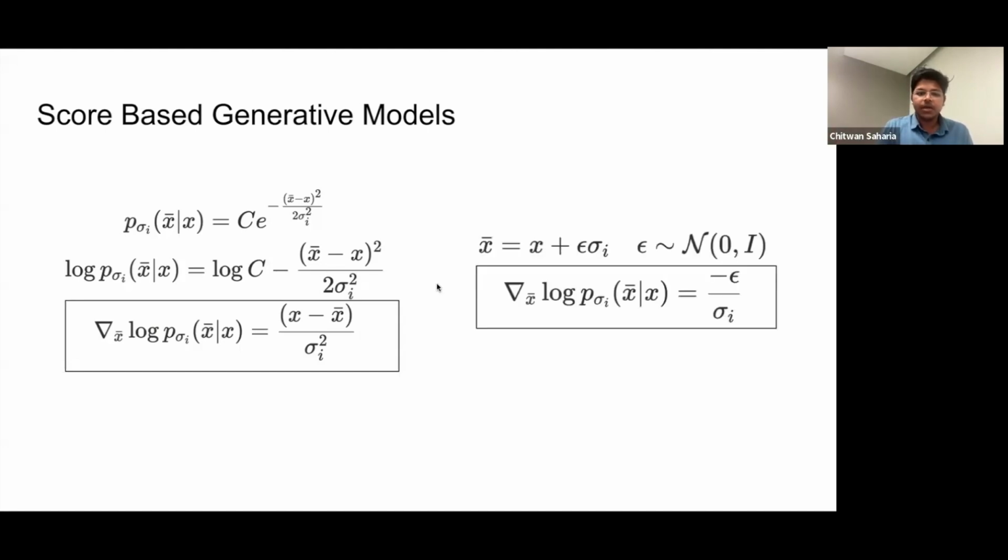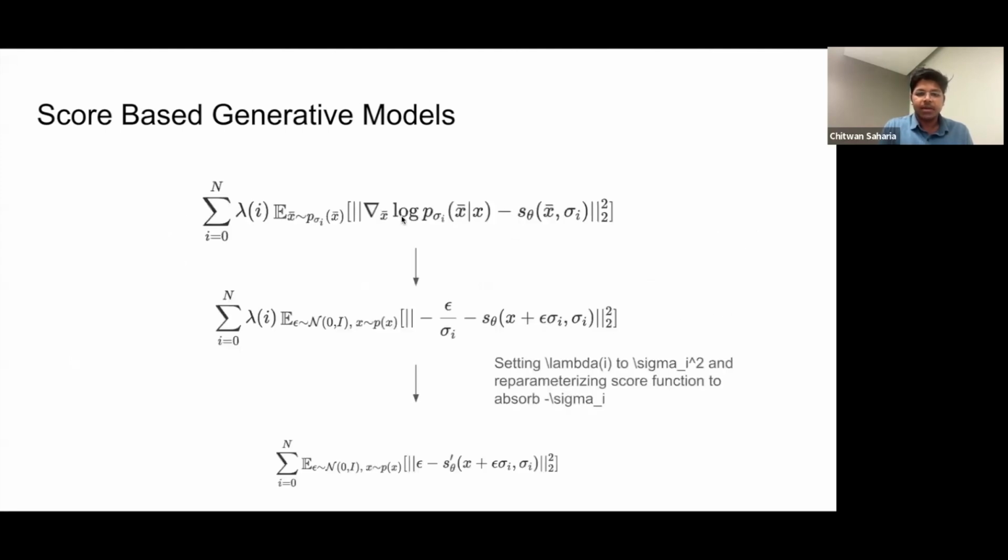I can further simplify it. To sample x bar from x, we would basically sample an epsilon, which is a random standard normal Gaussian noise vector, multiply it by the standard deviation to get this x bar, and the difference between them would basically be the noise itself divided by the standard deviation of the distribution.